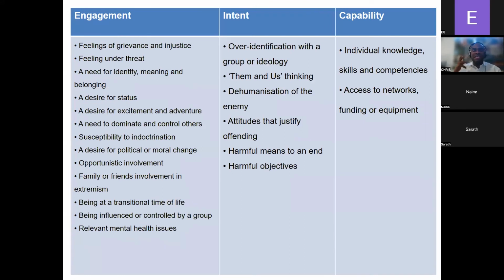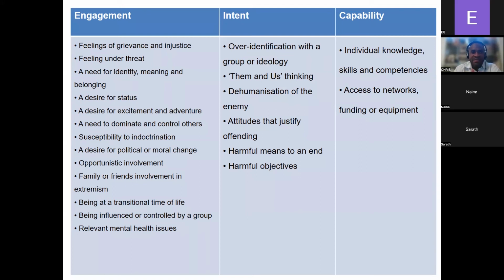They have a need to find meaning for their lives or something that they are living for. They have the need to feel they belong to something, a group or something. Then the desire for status, a desire for excitement and adventure also leads people into engaging with such activities, and a need to dominate and control other people.